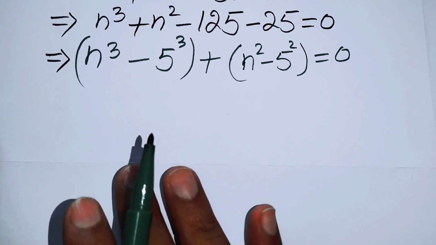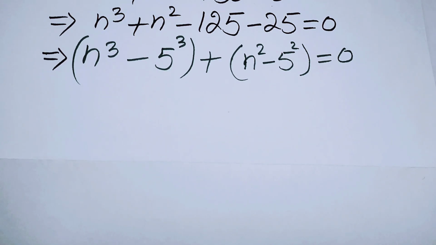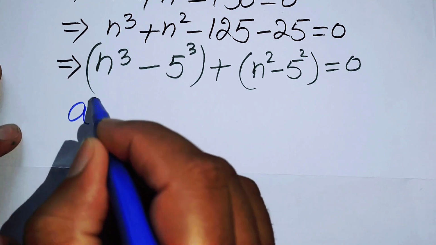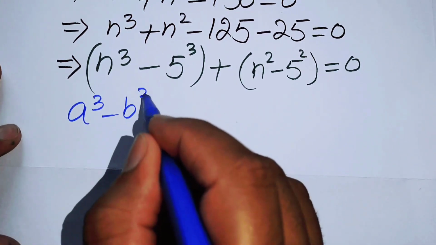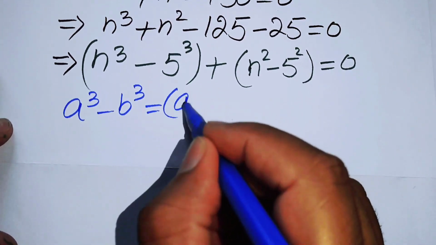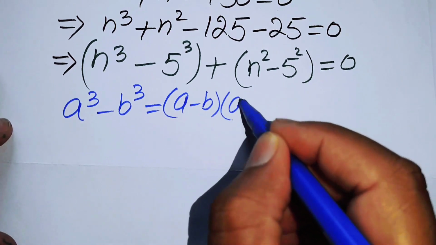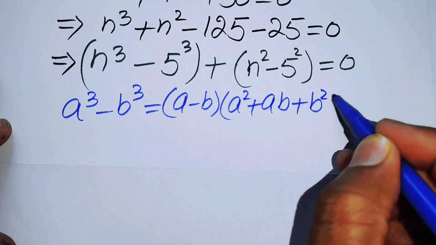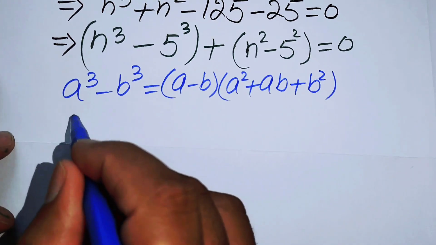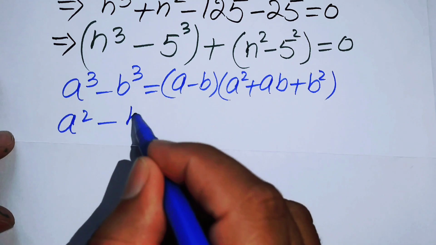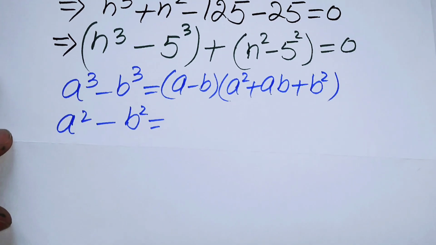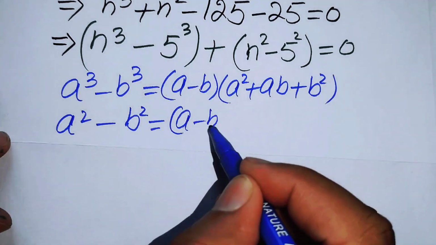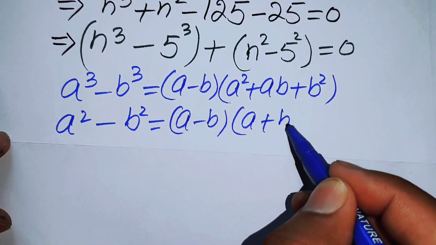So here we need two formulas, the cubic formula and the square formula, and you know that a cubed minus b cubed is equal to a minus b times a squared plus ab plus b squared. Another formula is a squared minus b squared is equal to a minus b times a plus b.